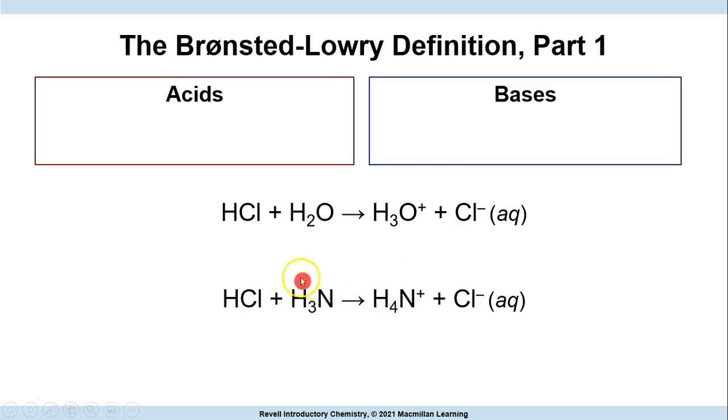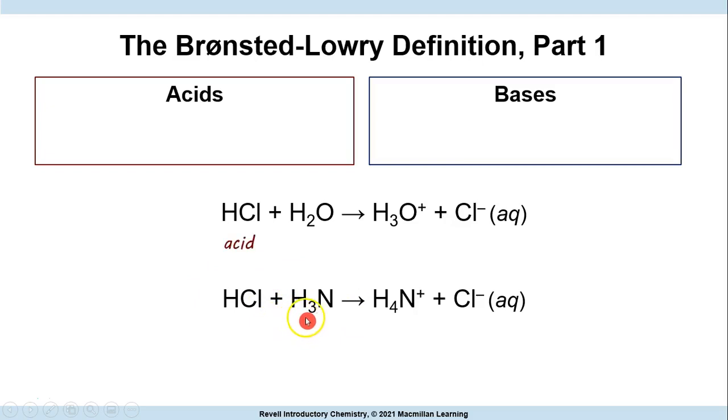So ammonia here cannot be recognized as a base because it does not contain hydroxide ions. That is according to Arrhenius.